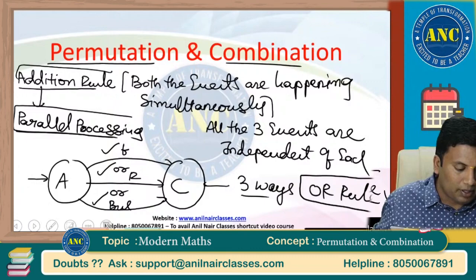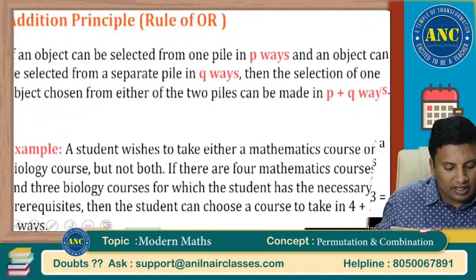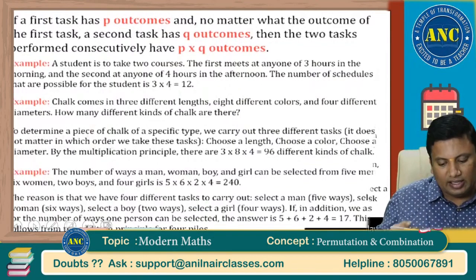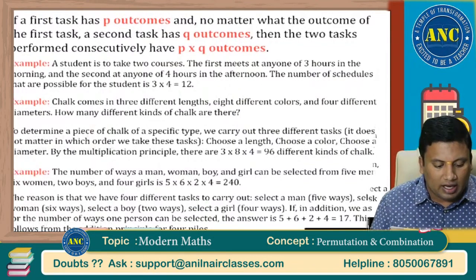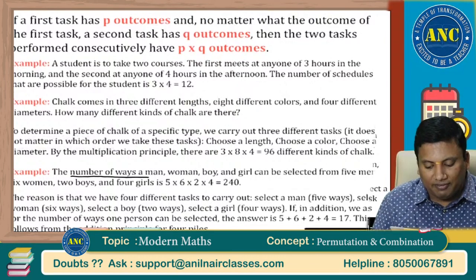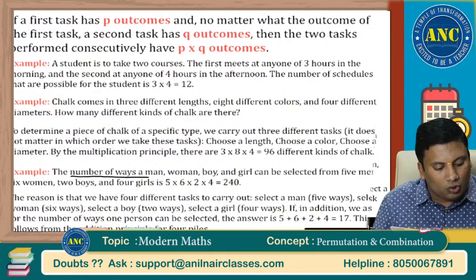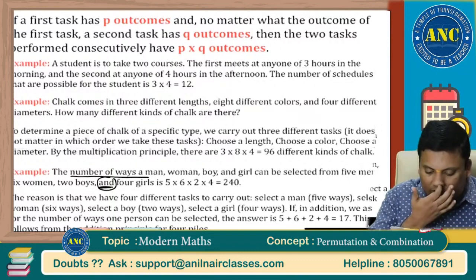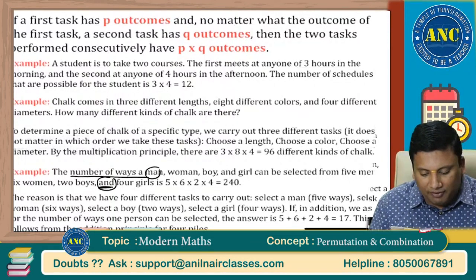Another example. Now see here. Suppose you take this example: the number of ways a man, woman, boy and a girl can be selected from 5 men, 6 women, 2 boys and 4 girls. Whenever there is an and condition, I have to select a man from 5 men.